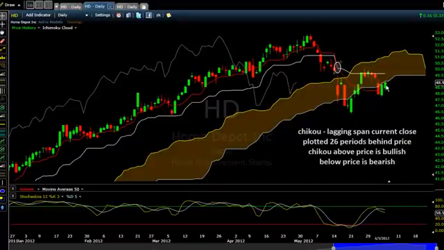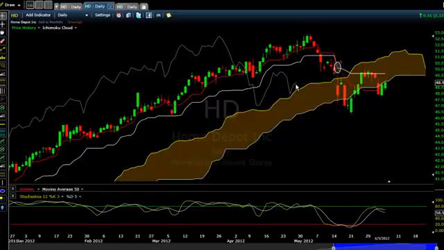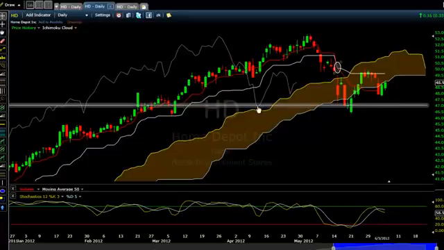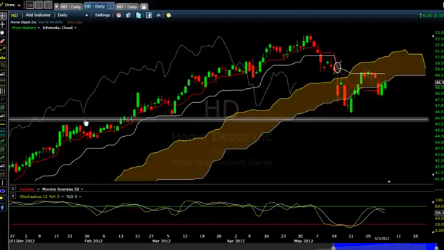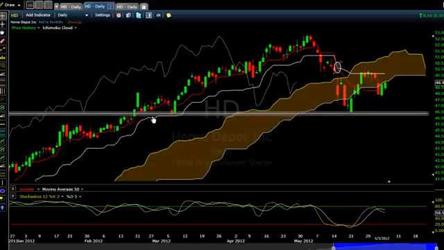So this closing candle here is that particular, that's the location of the Chikou, 26 periods behind. And what Chikou is used for is an area of support and resistance, likely bounce areas. So if you look back in the past, remember this is the closing price, 26 periods back.